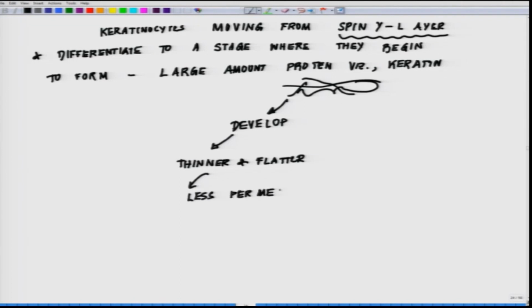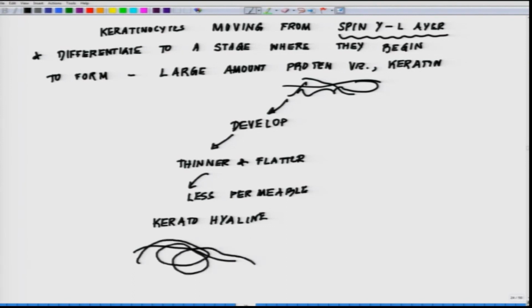Now, these cells then convert this keratin into keratohyalin, and keratohyalin forms dense granular structures, keratohyalin granules.